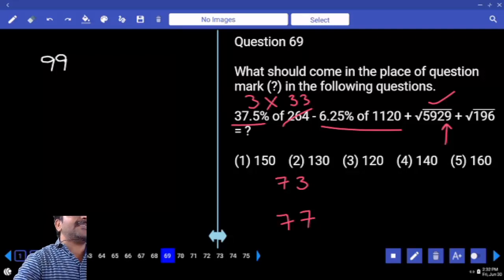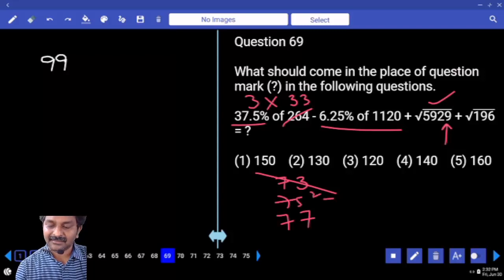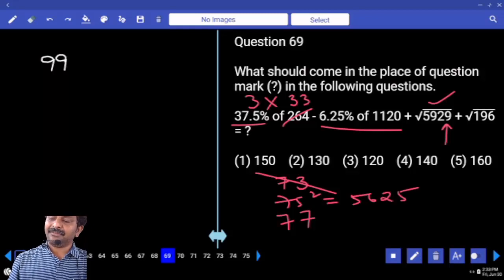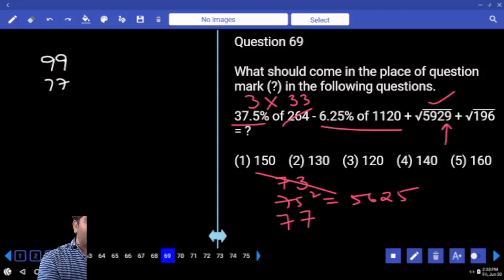What is 80 square? And that number is close to 6,400 only. So that can be closer to 80 but not 70. So with that reason we can eliminate 73. Yes or no? Otherwise you'll have to calculate 75 square, 5625. Our number is more than 5625, so it has to be 77. Right, positive number 77.